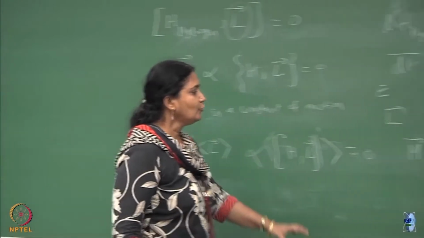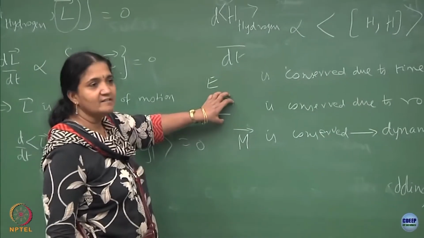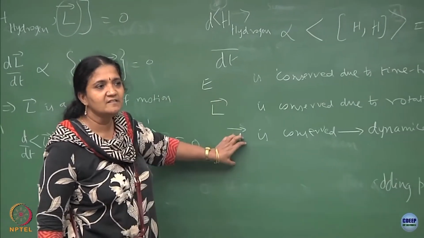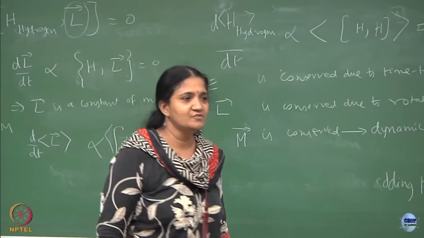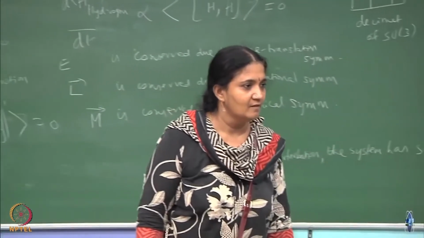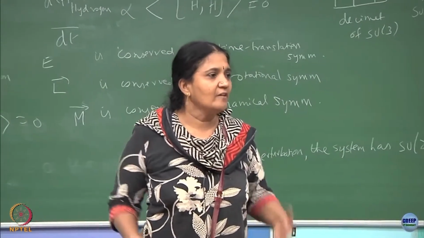Now we are going to use that there are 3 generators here, and 3 generators here. We want to construct the algebra of these generators, which is the symmetry for the hydrogen atom problem.